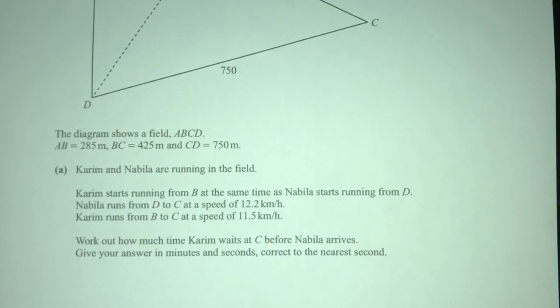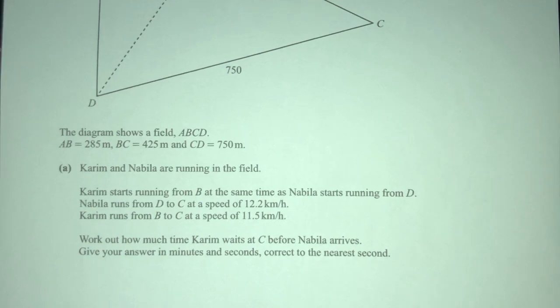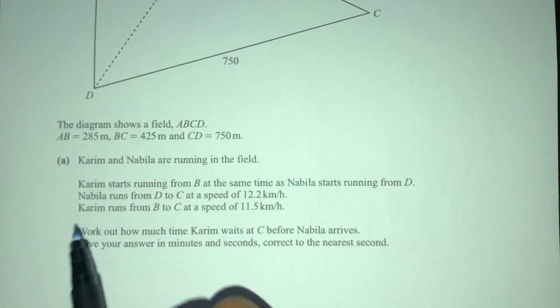Now we have to work out how much time Karim waits at C before Nabila arrives. So basically we just have to first find how long it took Karim to arrive at C and how long it took Nabila to arrive at C. So one by one. So let's first do Nabila, for example.